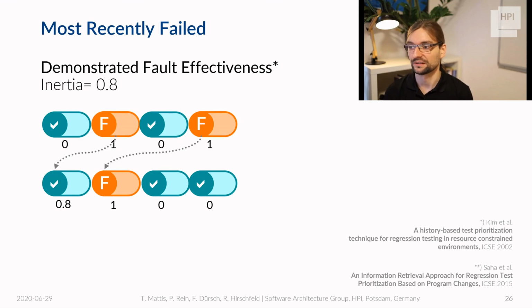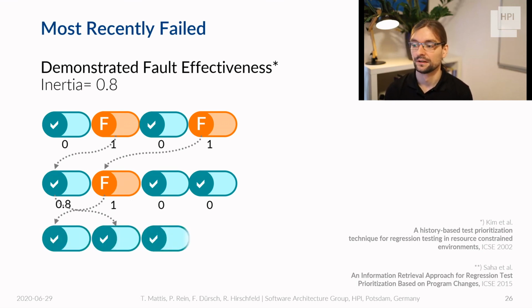This whole technique is called demonstrated fault effectiveness. It basically prioritizes tests based on how much they failed in the recent runs. So in this example, when you have the prioritized run and the result from the prioritized run, we can rearrange the tests for the next run, running the failing test first again, and computing the new priorities.